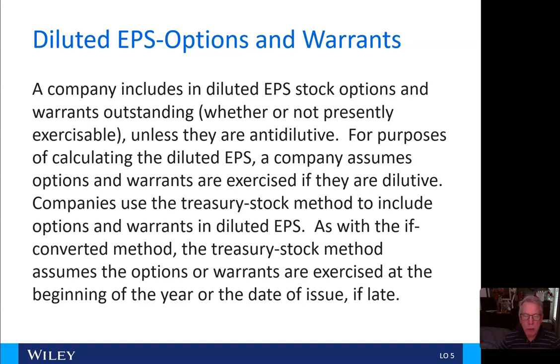Companies use the treasury stock method to include options and warrants in diluted earnings per share. As with the if converted method, the treasury stock method assumes the options or warrants are exercised at the beginning of the year or the date of issue if late.